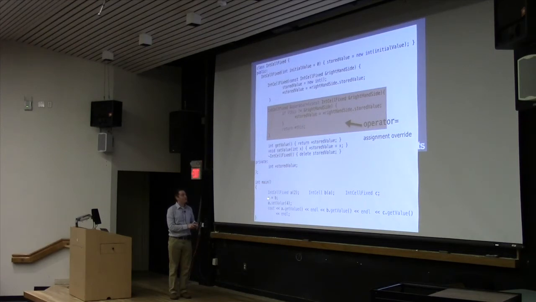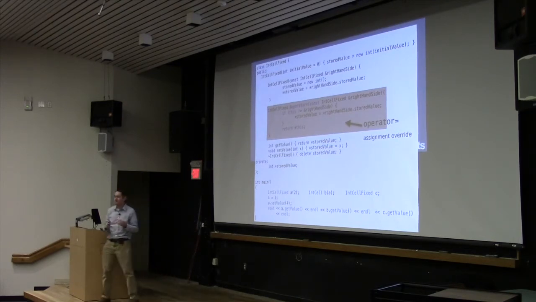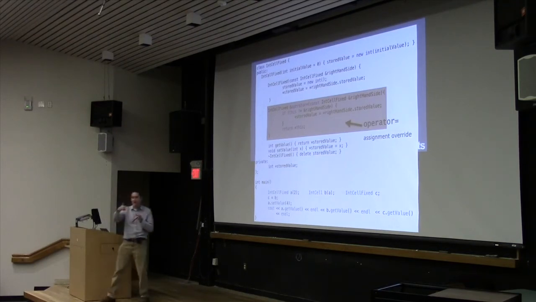When I refer to this, it means C. So if I say, if this equals right-hand side, or is not equal to right-hand side, if I said C equals C, then this would be the same as that, using this and that. But anyway, point is that it refers to the one that you are actually acting on at the moment, not the one that you've passed in. That's what this means. Yeah. Okay, other questions on that? Yes?